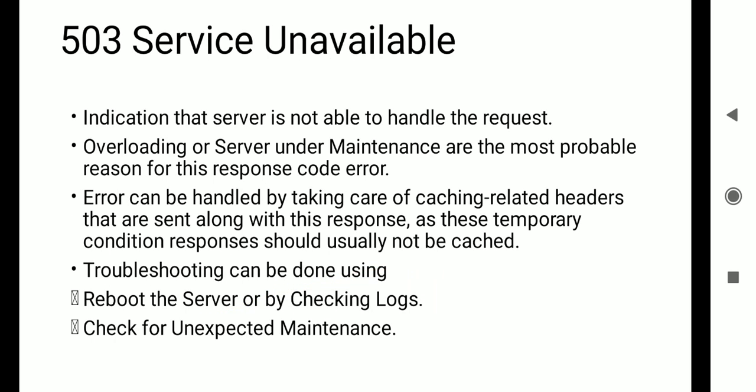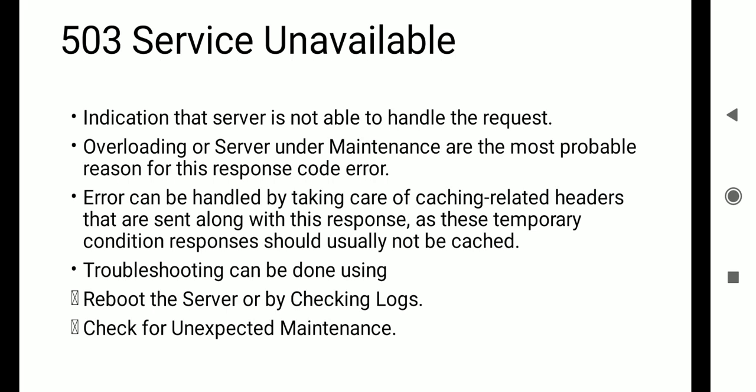Coming on to 503, that is service unavailable, an indication that the server is not able to handle the request. As you can see here, overloading or server maintenance are the most probable reasons for this response code error.